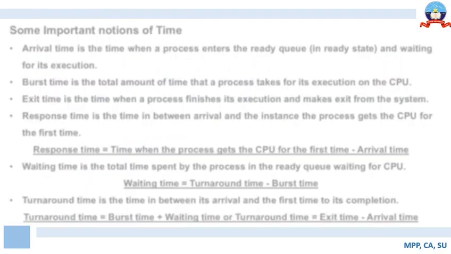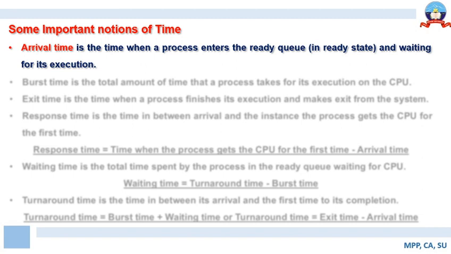Now, before moving on to the scheduling algorithms in greater detail, let us try to understand some of the important notions of time associated with a process. The first and the most important notion of time associated with a process is called the arrival time.